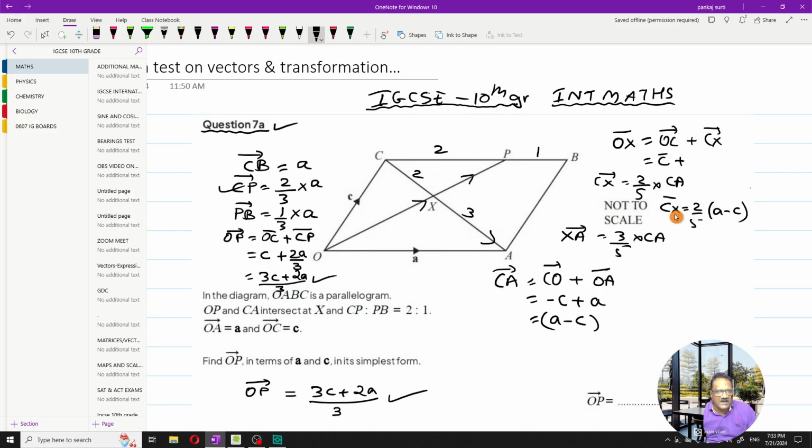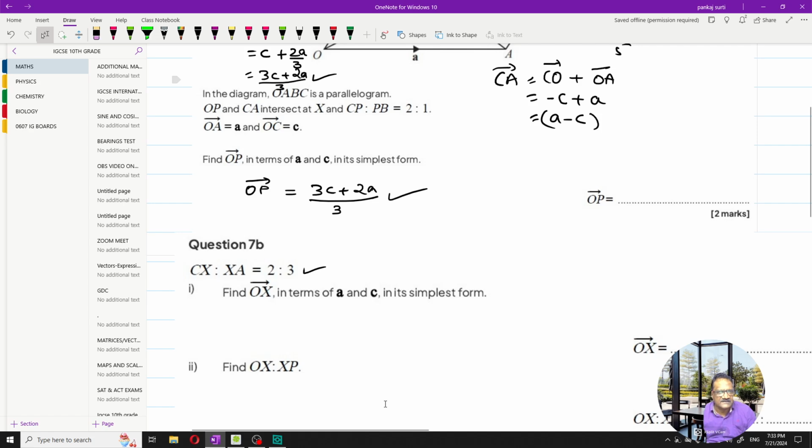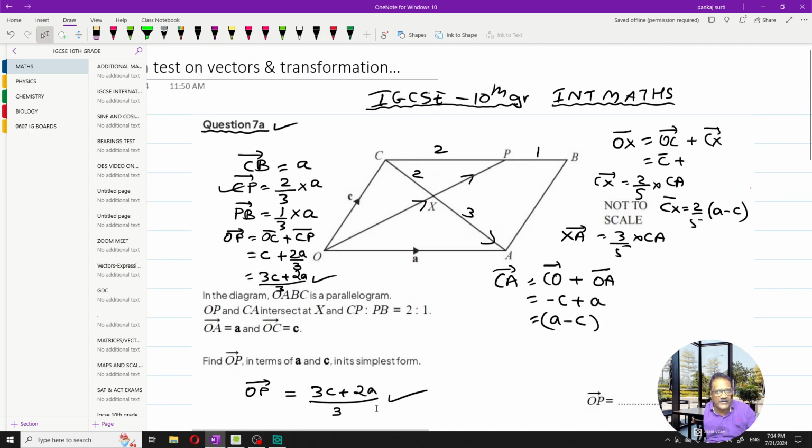Now, coming back to this point, OX we want to find out. If you see this triangle, OX will be equal to OC plus CX, which I have already written here. OC I have taken as C, and CX we just found out, this one. So I can write 2 upon 5 A minus 2 upon 5 C. Got it?